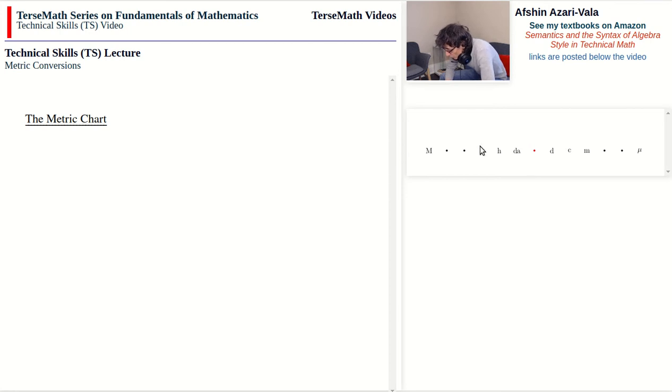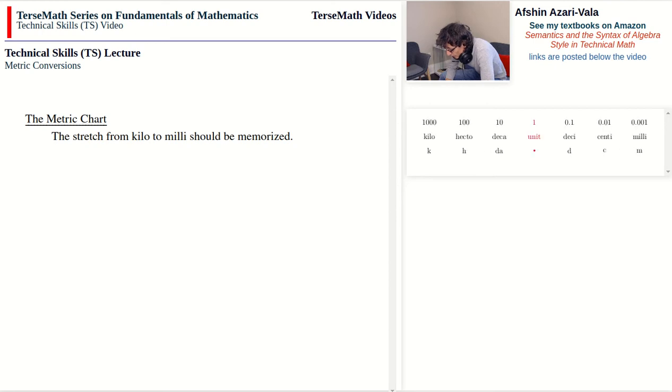And the most commonly used part is this part from kilo to milli, and this should be memorized. It is very important that you memorize it. And in order to memorize that list, let me actually go back to the one that was just the units. Yeah, this one should do.